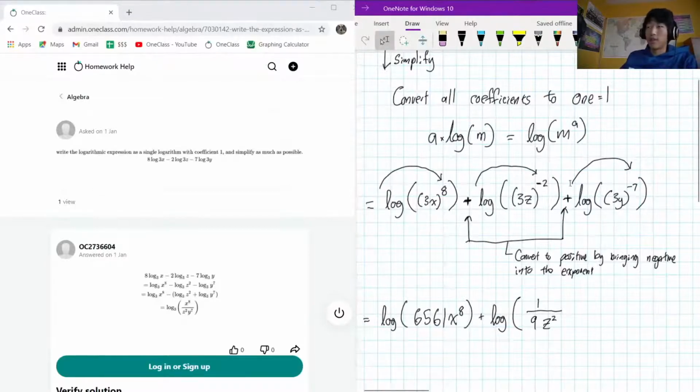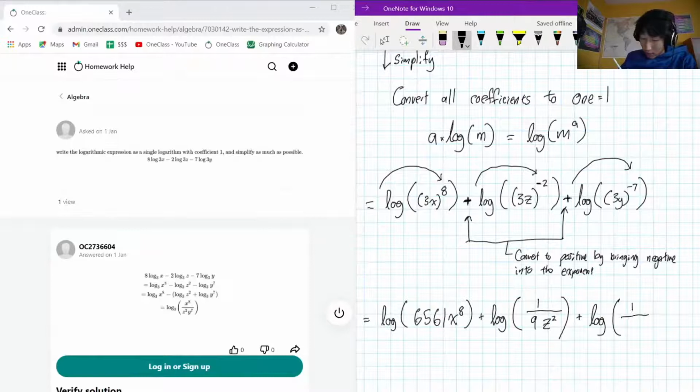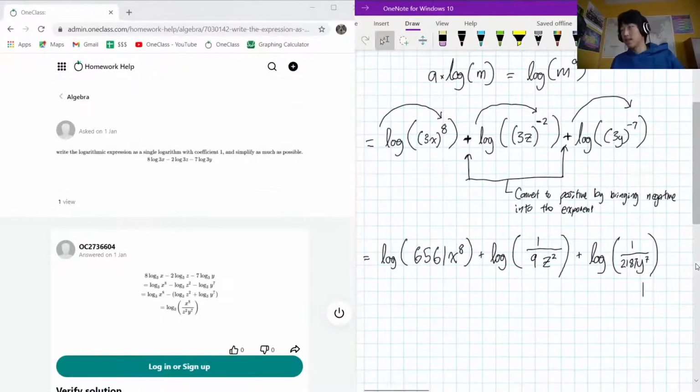So you did it just as you would normally, as if it was positive 2, but you send it downstairs on the fraction just because it's negative. And then plus log. Now we'll have 1 over y to the 7, but it's got a coefficient downstairs of 3 to the power of 7, which is 2187. Okay, cool. So this is our next intermediate step.